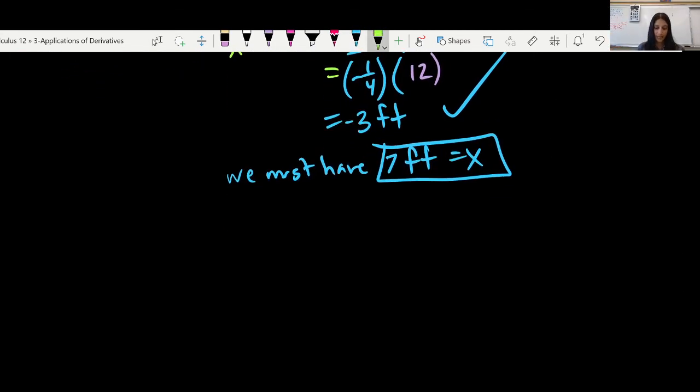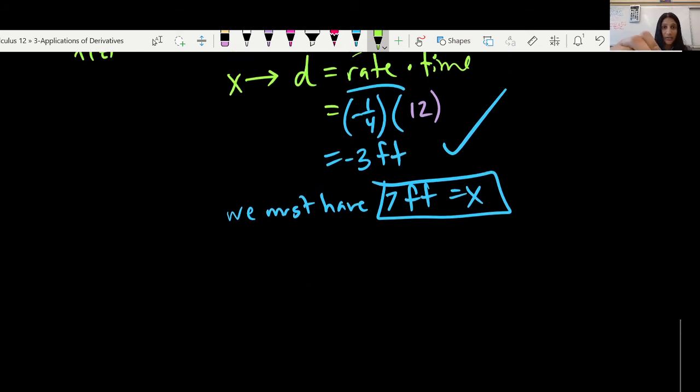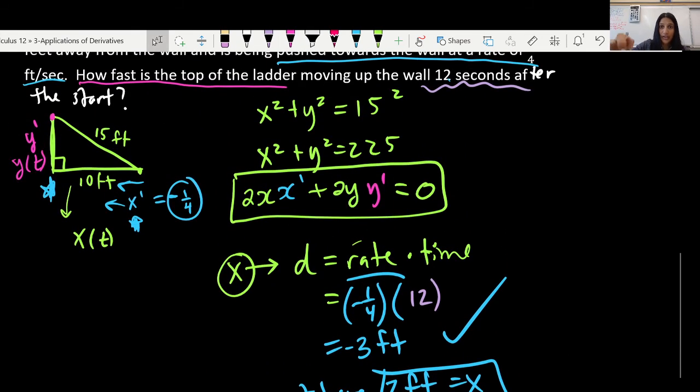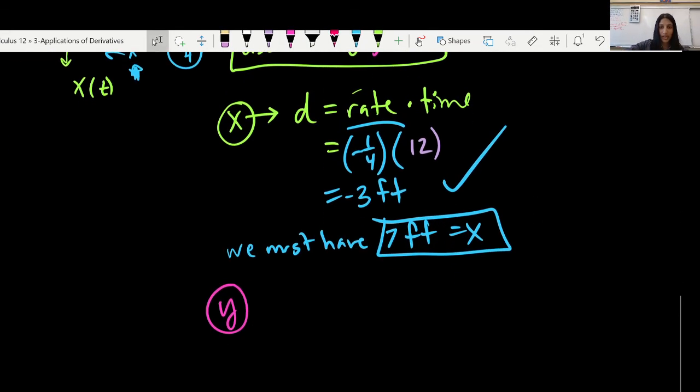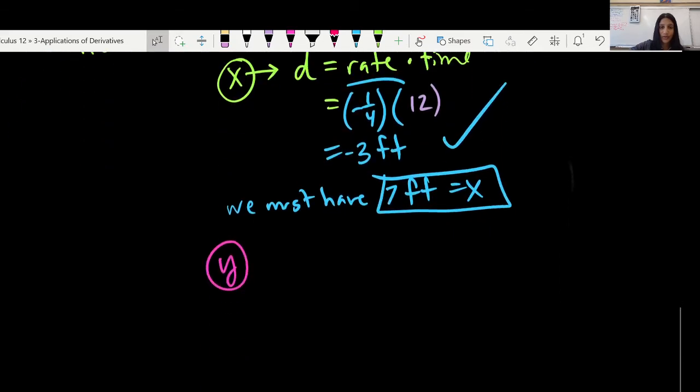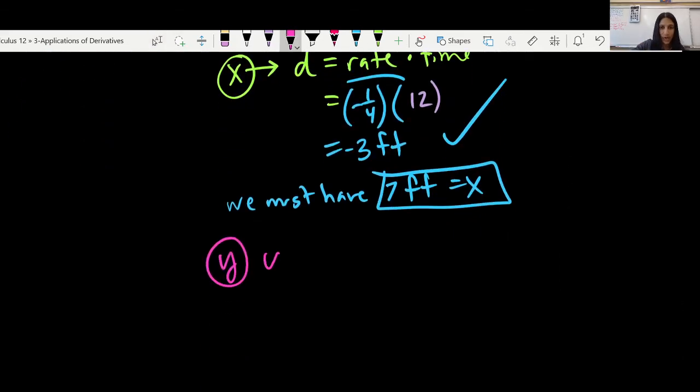And then moving on, so that was our x there. Let's take a look at our y, which again, I should do in pink to keep it consistent. We can reuse Pythagorean theorem. So in our Pythagorean theorem equation right here, we can plug in what we just found. So we know that y would be equal to the root of 225 minus x squared.